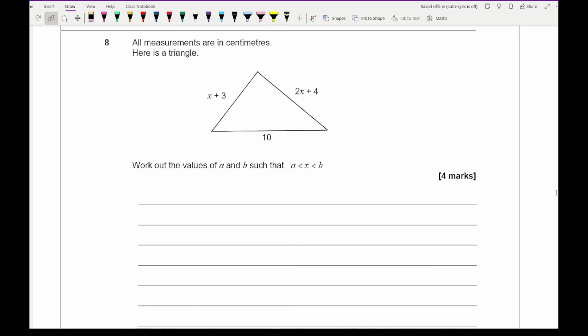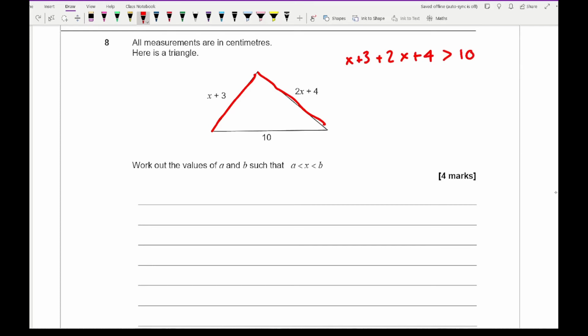Now, basically this question combines constructing triangles. When you're constructing triangles, one of the key principles of a triangle is that the sum of any two sides must be greater than the remaining third side. So let's have a look at doing that. If I take any two sides, so let's just say these two sides here, then that means x plus 3 plus 2x plus 4 must be greater than 10.